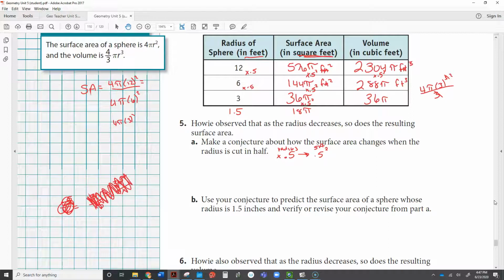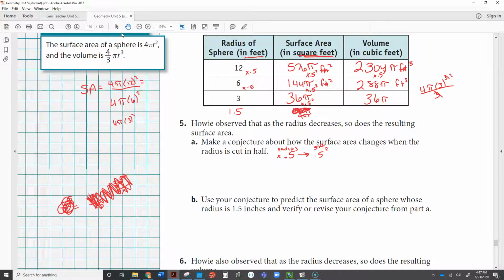Because I forgot to square it, I should have done 0.5 squared. So then that's not 18. You do 36 times 0.5 squared, and you get 9. And if you plug 1.5 into the formula right there, and you multiply that times 4, you get 9.